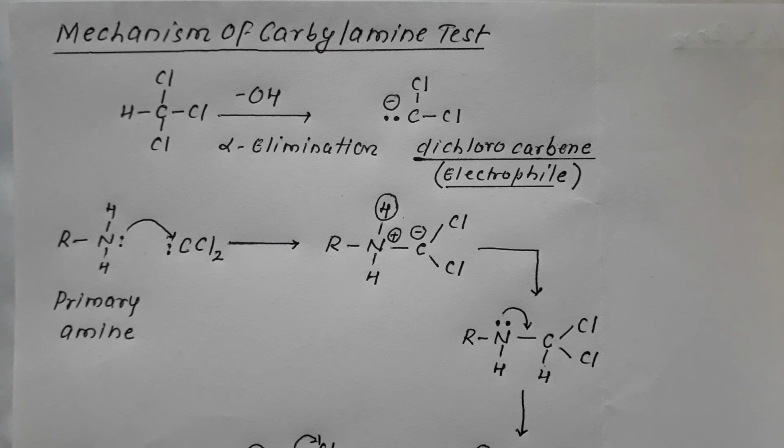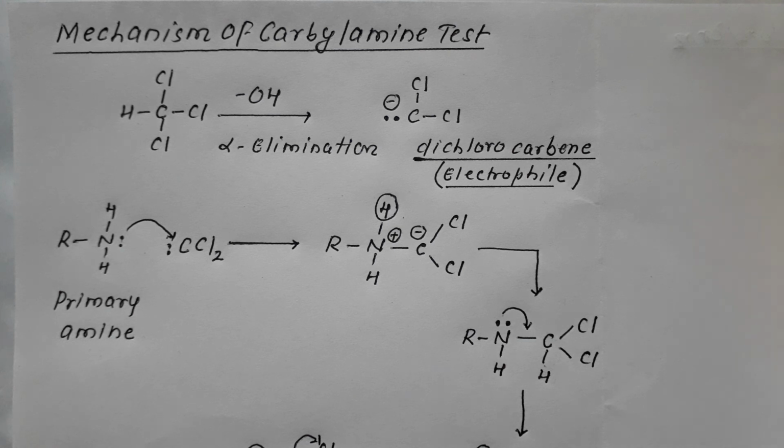As the result, it forms RN triple bond C, where nitrogen, because of its lone pair shift, has positive charge and carbon has negative charge. So this is how this reaction proceeds.